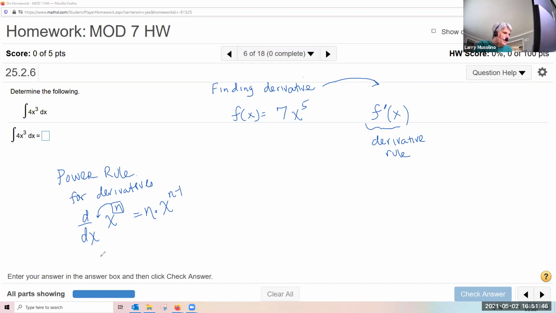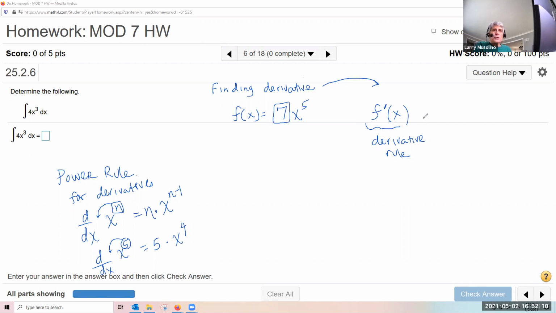Let's do a quick example as a reminder of what you did last module. If I asked you, what's the derivative of x to the 5? You would bring this 5 down in front as a multiplier and then subtract 1 from the exponent, so you got the answer 5x to the 4. Let's do the same thing in my example here. The only thing that's different is we have this constant 7 in front.